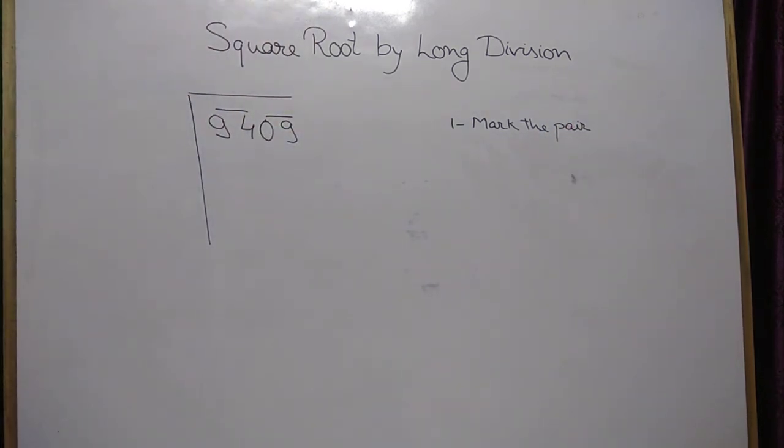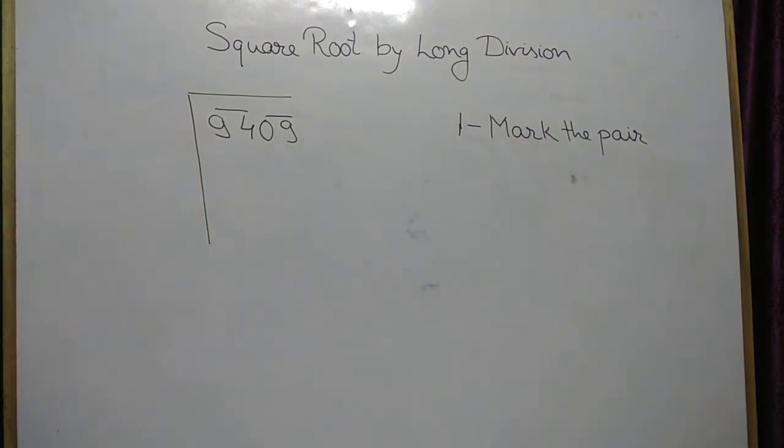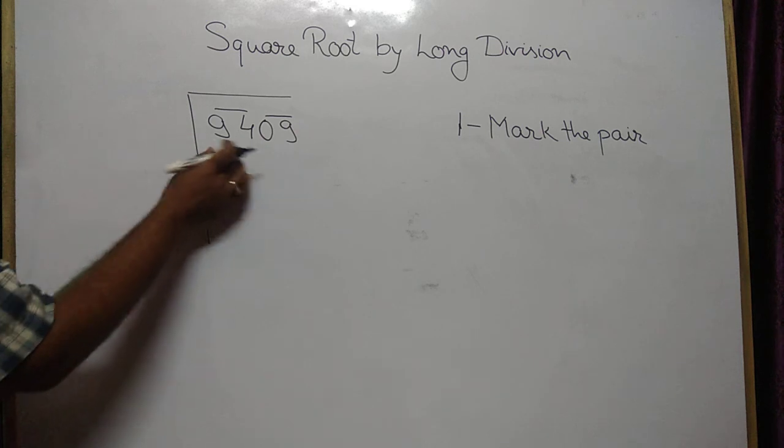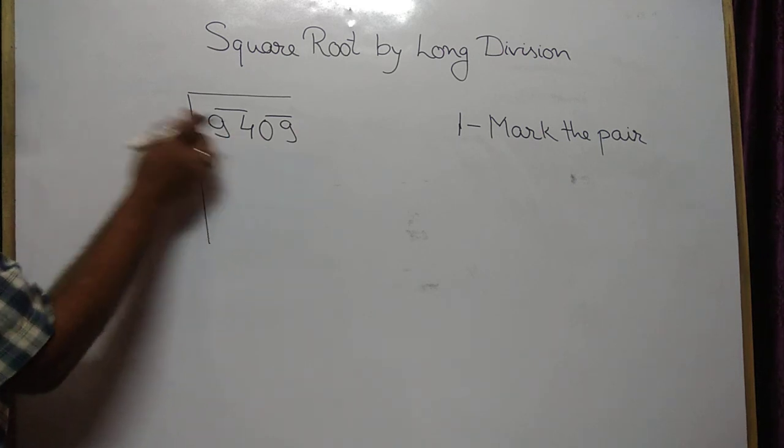I am writing in very small handwriting, I think it is not visible. On this right side I am trying to write the steps. Second, we find a divisor to divide the first pair.